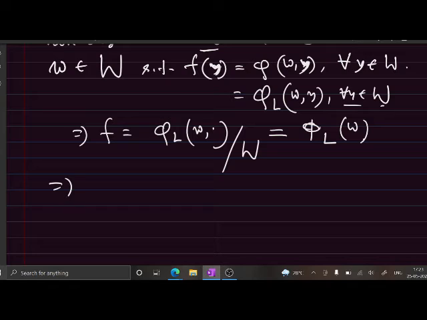Okay, so therefore the image space of phi L is W star.